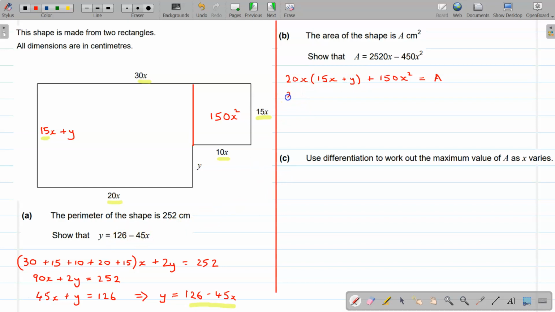So I'm going to write it as 20x times 15x plus, instead of writing y, I'm going to write 126 minus 45x, plus 150x squared.